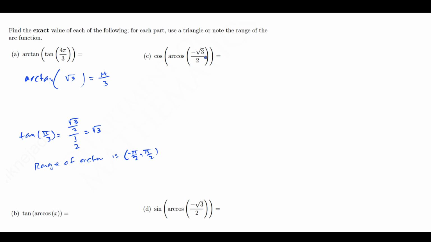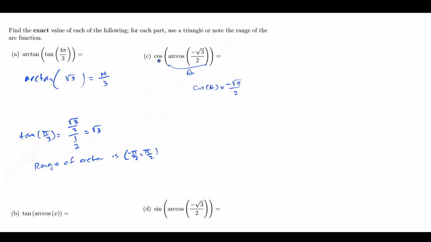Over here, cosine of arccosine of this value. Basically, whatever I get out of this theta, I know that cosine of theta is going to be negative square root of 3 over 2.